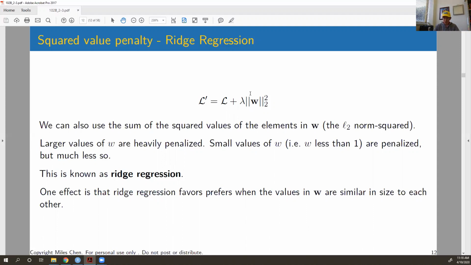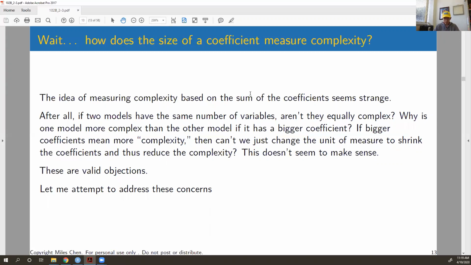An objection that students sometimes have is they ask, how does the size of a coefficient measure model complexity? The idea of how many variables are included in the model makes sense for measuring complexity.